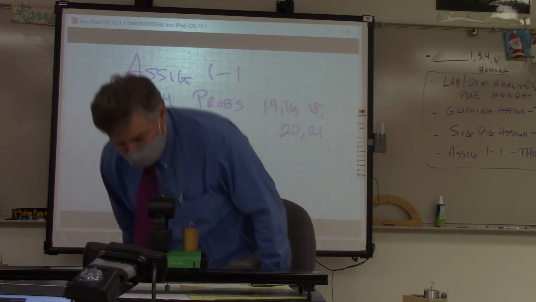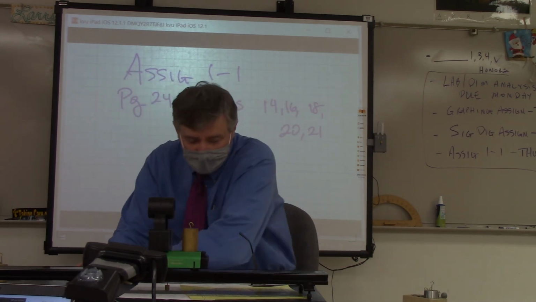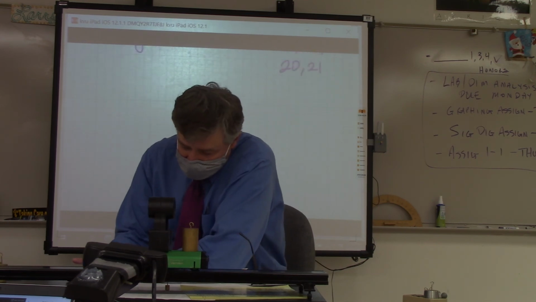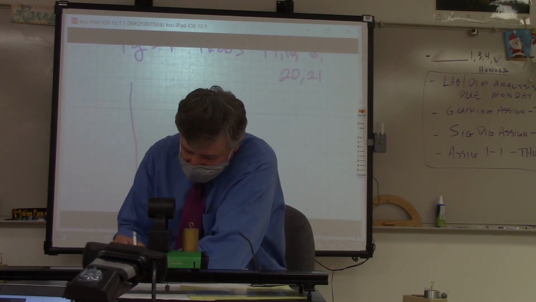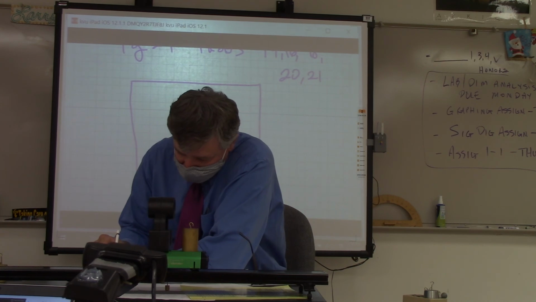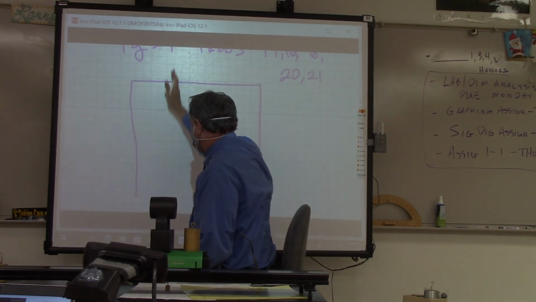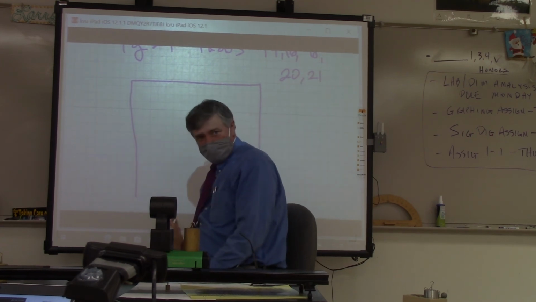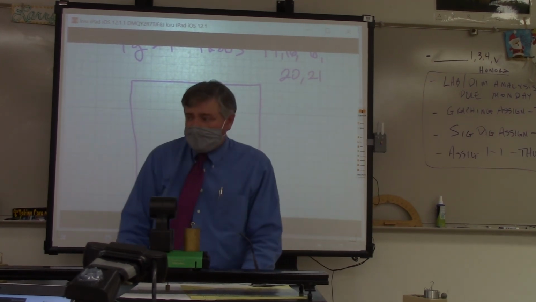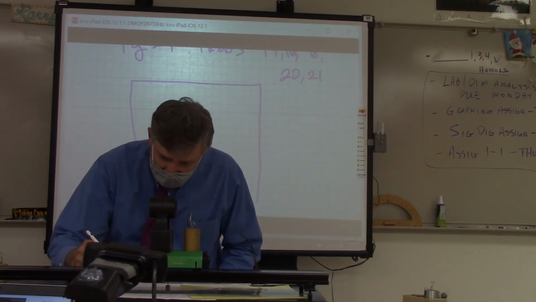Now, here's how I want this done. Make this easy for me. So here's your sheet of paper. What I want you to do is come over about maybe 1/4 of the way, a couple inches, and draw a line down like this.